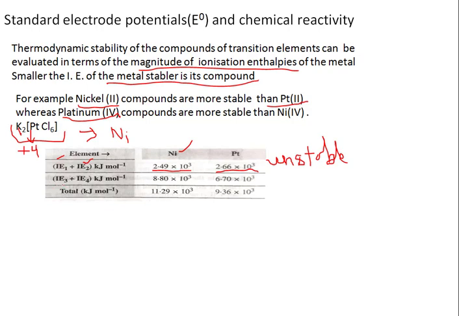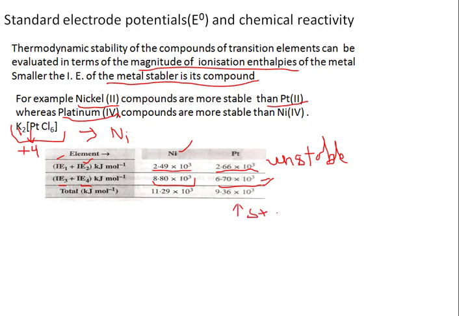Now, for the same elements, if we analyze ionization enthalpy 3 and 4, it has been found that for nickel it's 8.80 into 10 raised to power 3, whereas for platinum it's 6.70 into 10 raised to power 3. So this shows that platinum in +4 oxidation state has lower magnitude of ionization enthalpies, hence its compounds will be more stable.